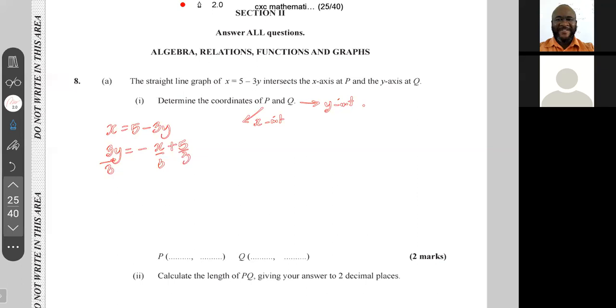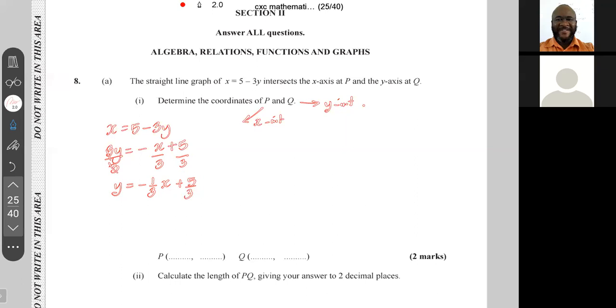When I divide the entire equation by 3, I end up with y is equal to minus 1/3 x plus 5 over 3. So the gradient is minus 1/3, and the y-intercept is 5 over 3, which is the same as 1 and 2/3.